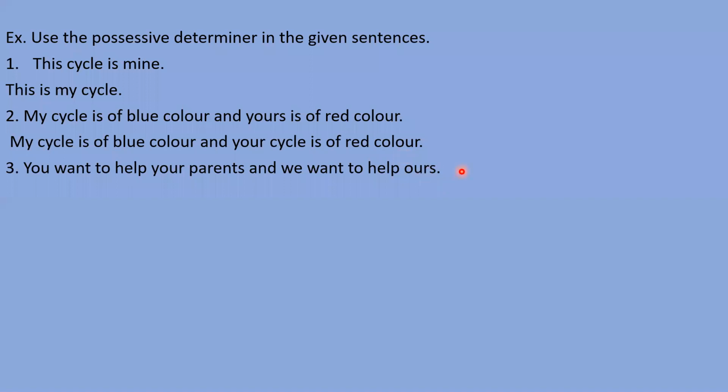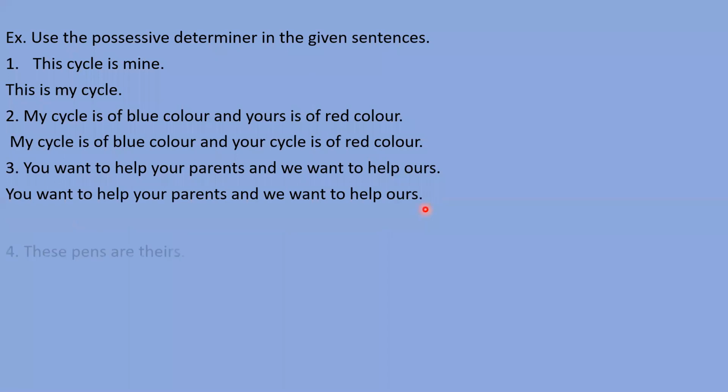You want to help your parents and we want to help our parents. Yes, Ananya, you have given the right answer. Sorry, by mistake, I did not write the word here. You need to write, you want to help your parents and we want to help our parents, right? O-U-R, then parents will come.